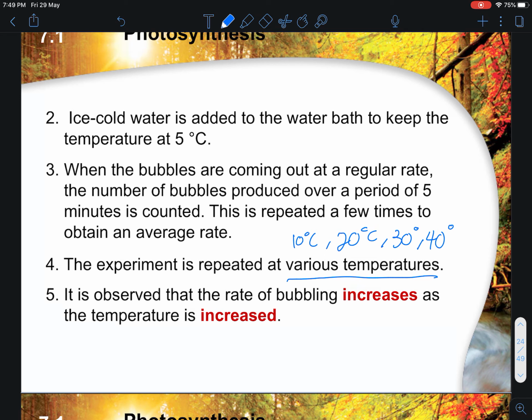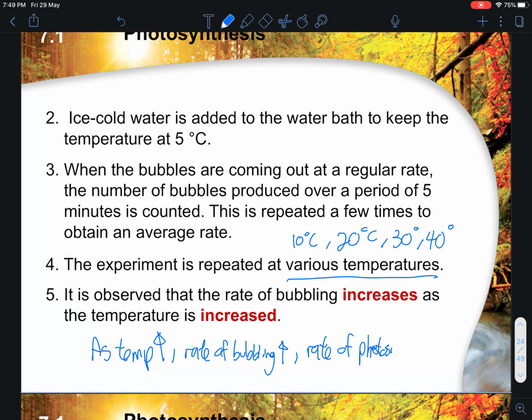So what you can see is, as temperature increases, the enzymes will react again at an optimum area, and therefore the rate of bubbling increases. And as the rate of bubbling increases, your rate of photosynthesis also increases.